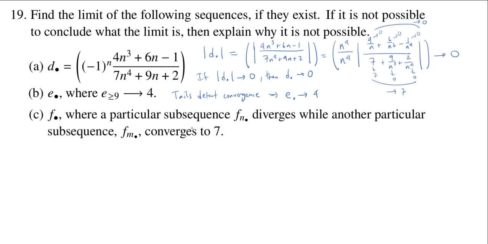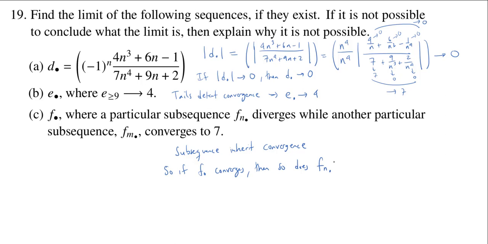Well, we have another theorem that tells us that subsequences inherit convergence, which means that if F dot converged, so would all of its subsequences. So if F dot converges, then so does Fn dot.